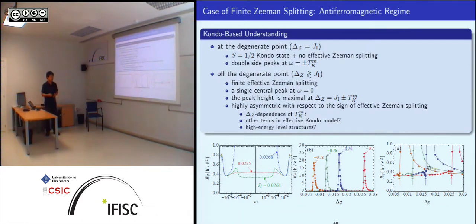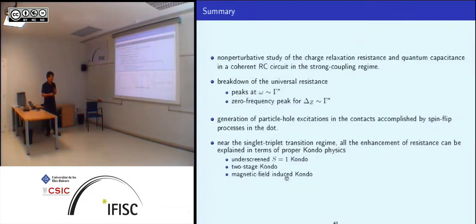Anyway, this picture can still be understood in terms of the particle enhancement by inducing spin fluctuations in this system by applying Zeeman splitting or applying finite energy.